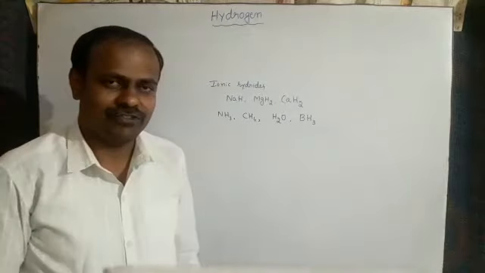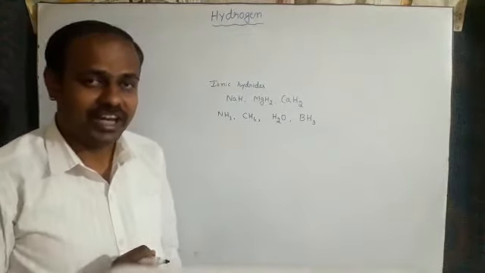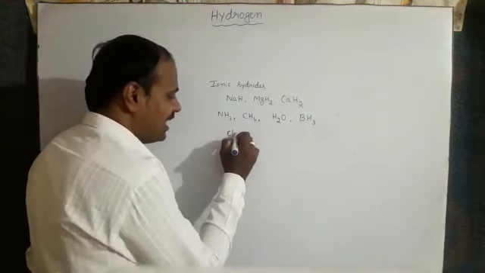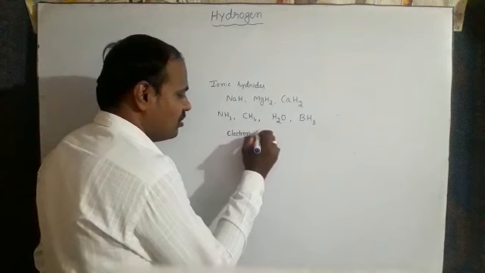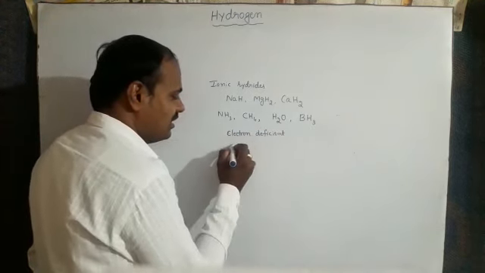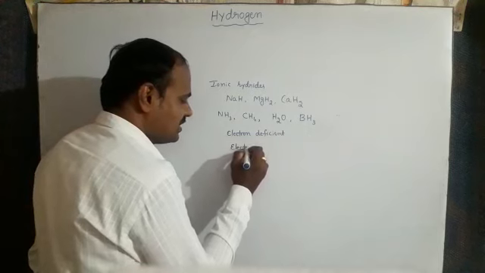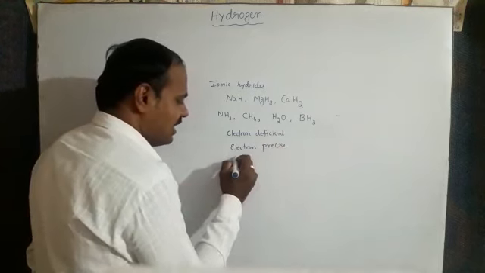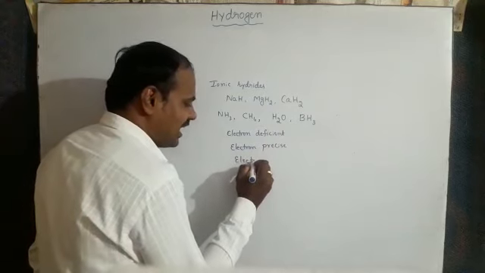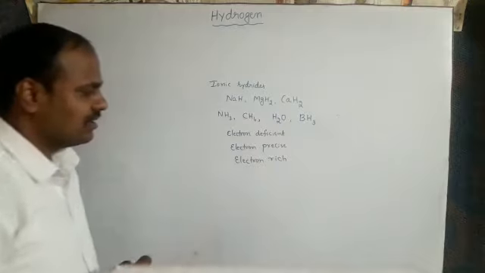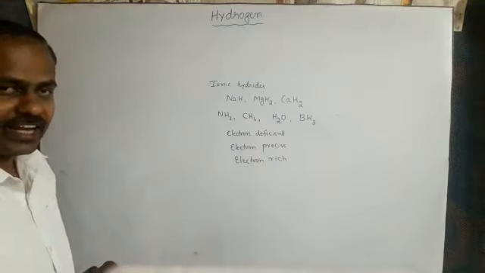Covalent hydrides can be further classified into three types, namely electron deficient, electron precise and electron rich hydrides. What are electron deficient hydrides?